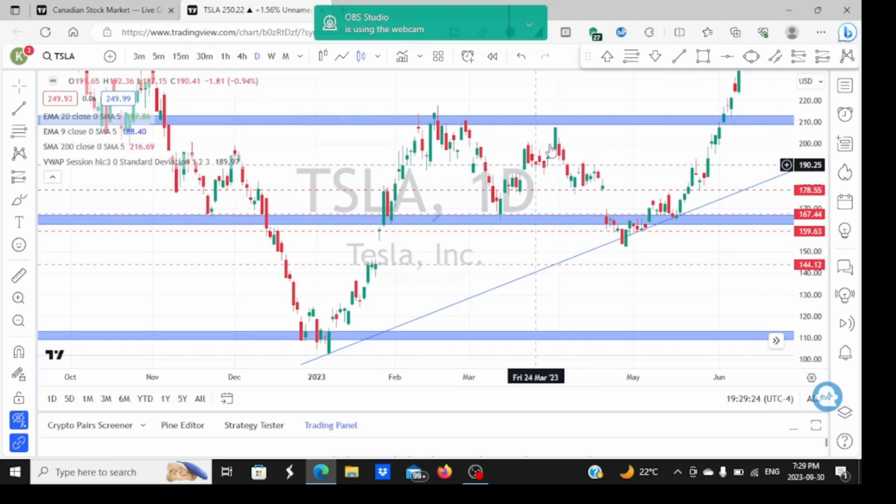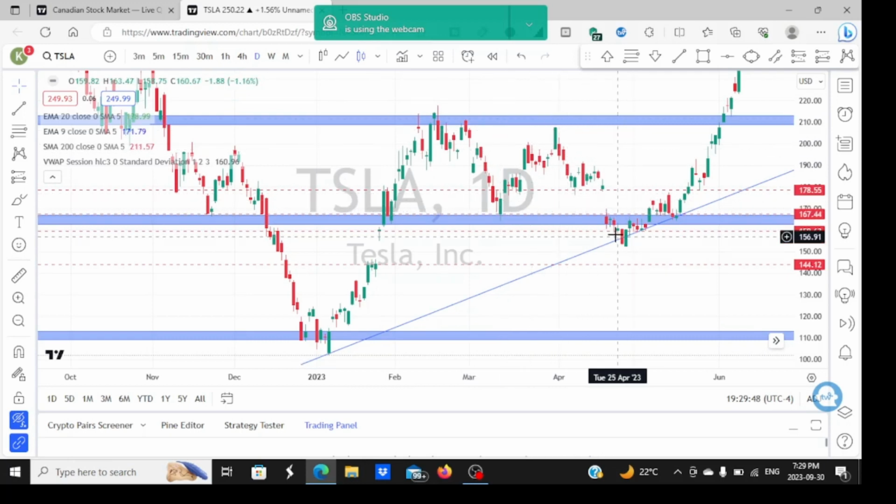It went in the first reaction. So here we go again, back to the resistance zone, and then it came back down. On the second, when it came back this third time, because this was I guess I can call this the first move, second move it bounced off.